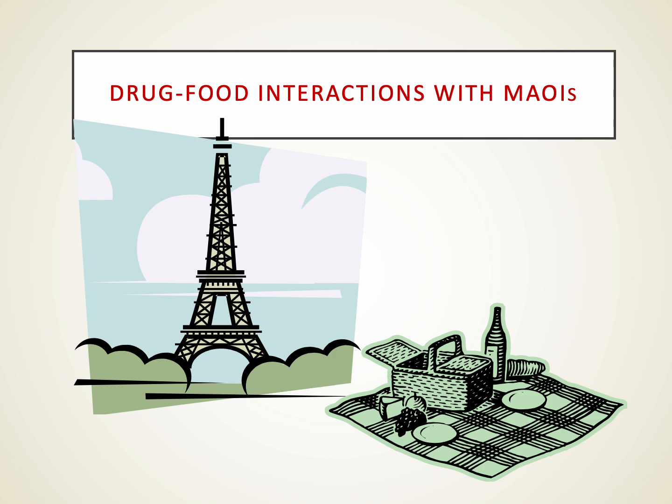On top of that, there are significant interactions with anything related to tyramine. And tyramine would be in a lot of fermented foods. If you think about going on a picnic in Paris, a classic French picnic basket, most of the things in that basket would be a problem with monoamine oxidase inhibitors.